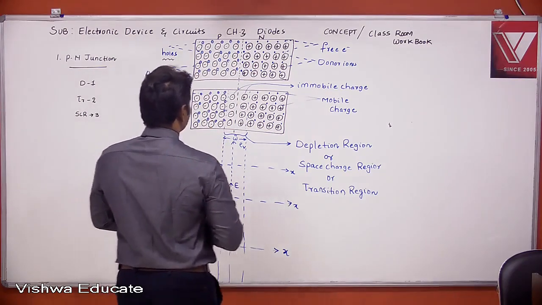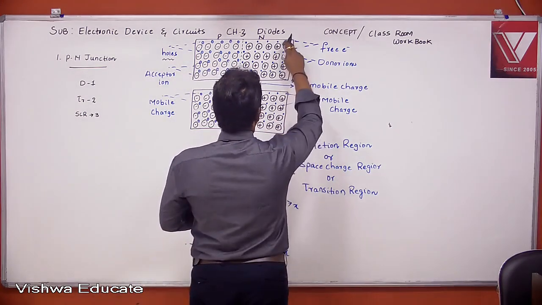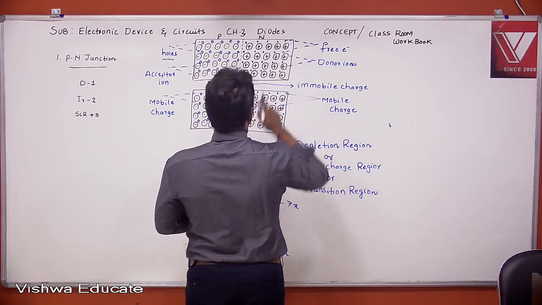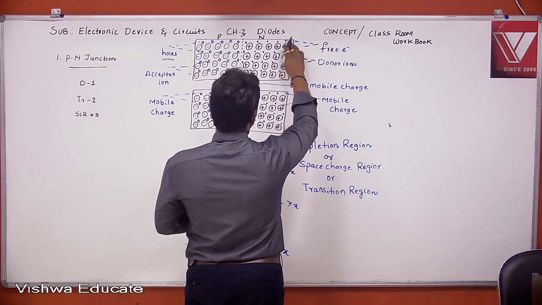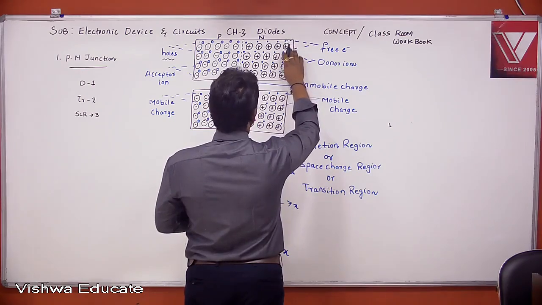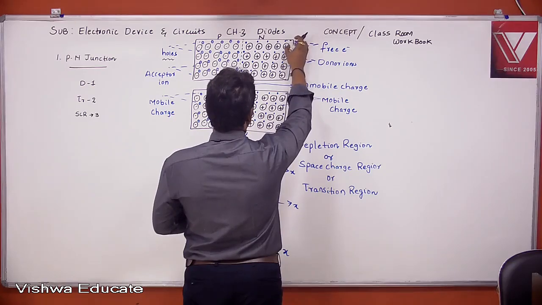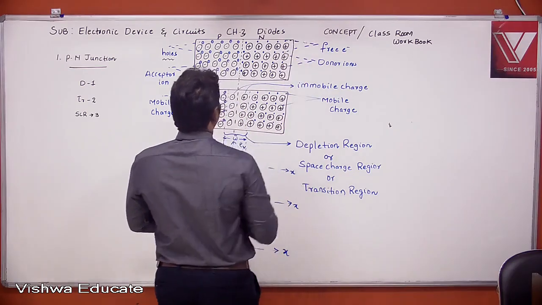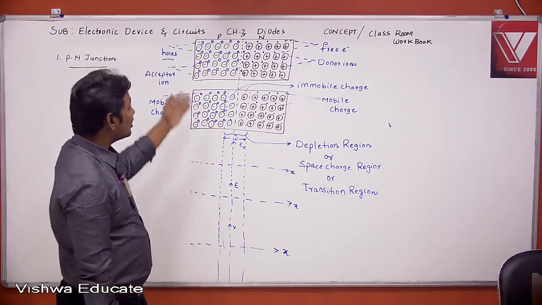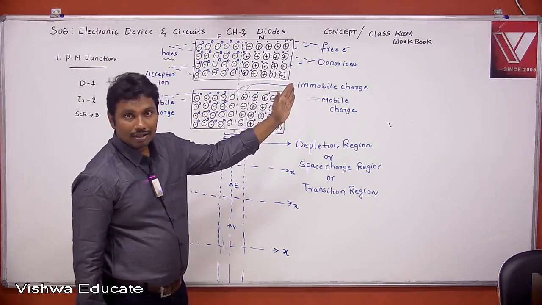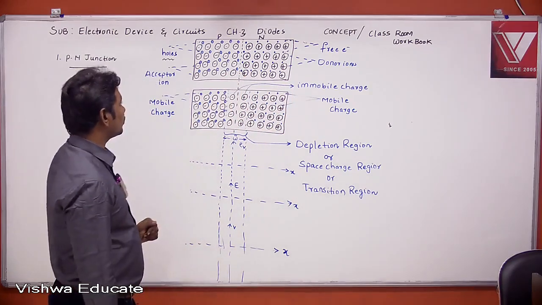Similarly, N-type contains free electrons along with donor ions. Free electrons have negative charge and donor ions have positive charge, so the N-type semiconductor is also electrically neutral. That means the total PN junction is electrically neutral or charge neutral.